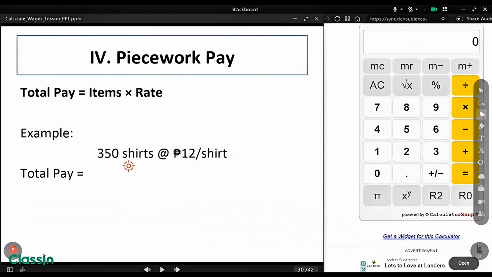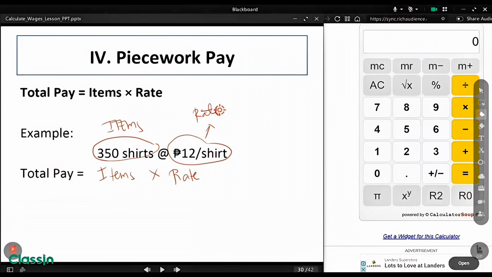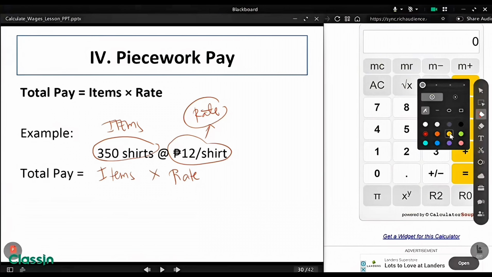Imagine you have 350 shirts with a rate of 12 pesos per shirt. Again, the formula in getting the total pay under piecework pay is the total items times the rate. So in this case, 350 shirts will be our items and 12 pesos will be our rate.